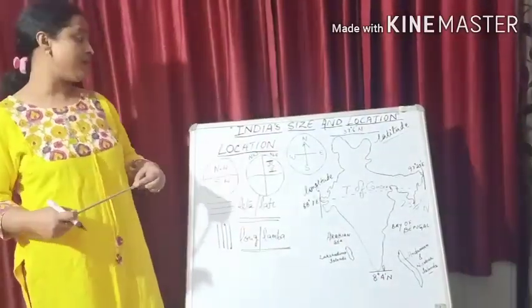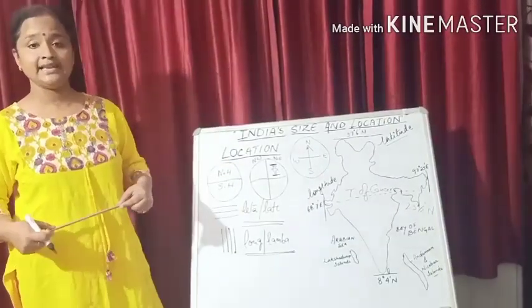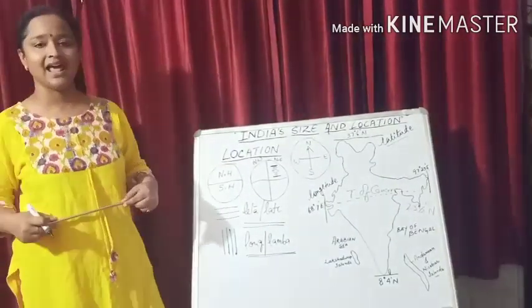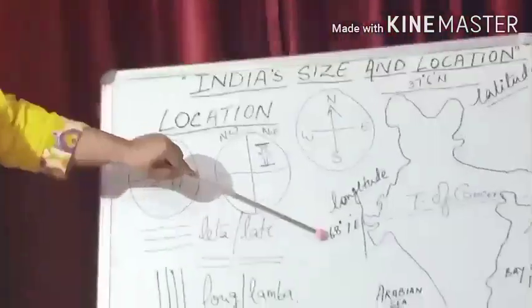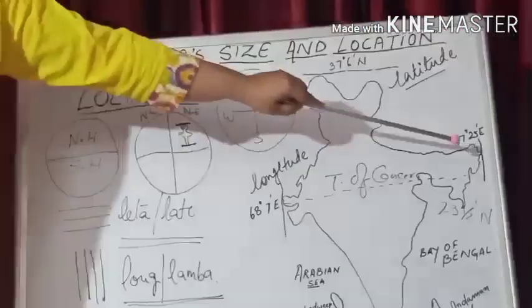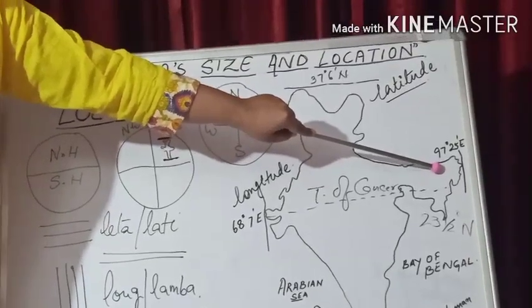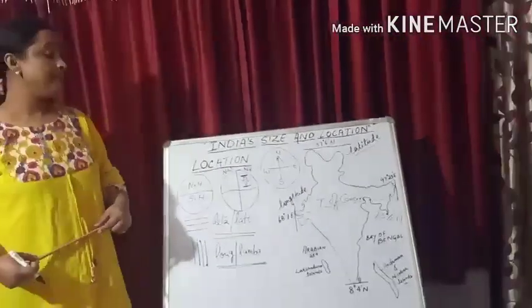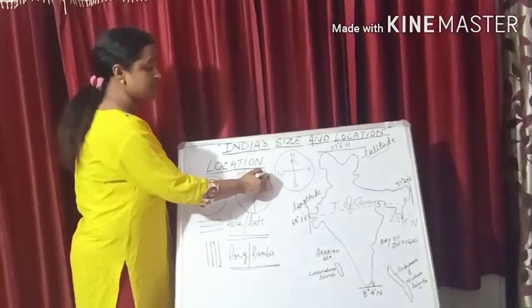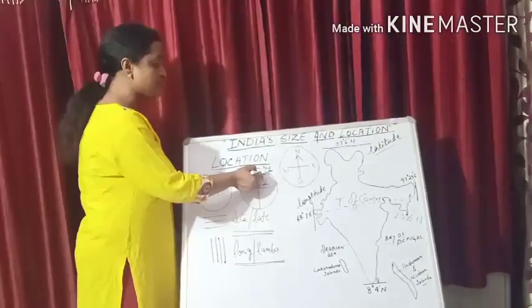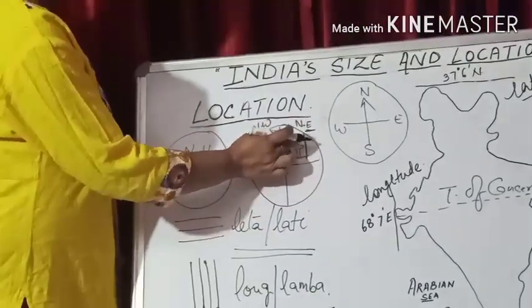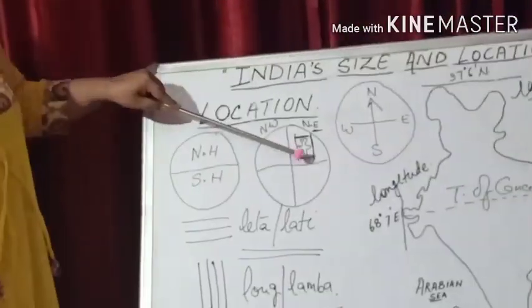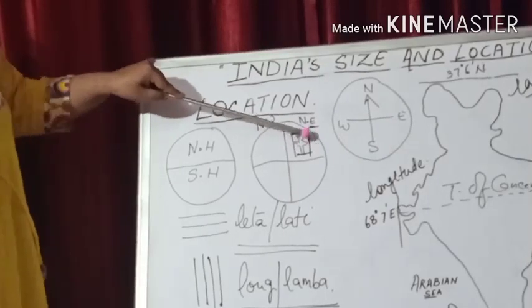Now next about the longitudinal lines, or the lamba wala lines, clear, which cut at 68 degree 7 minute east and 97 degree 25 minute east. And here, as I said, being the northeastern hemisphere, India lies in between these two longitudinal lines.